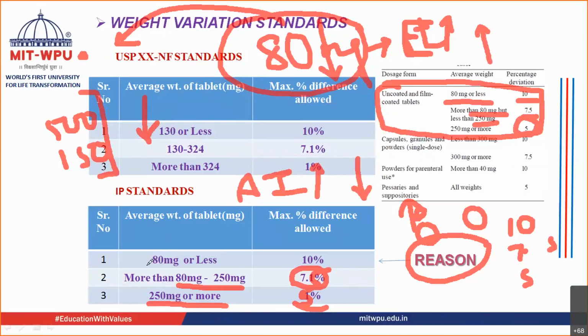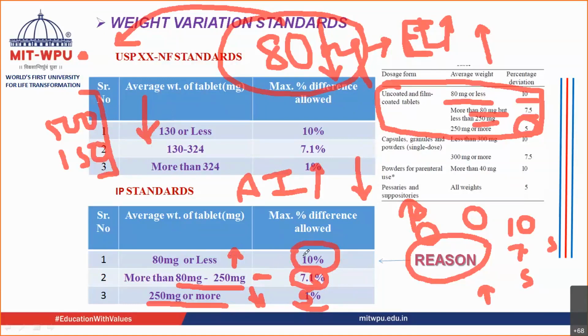In this case, the quantity of excipient was more; in this case, it was less. As the quantity of excipient is more, that's why this 10% allowable limit is given.